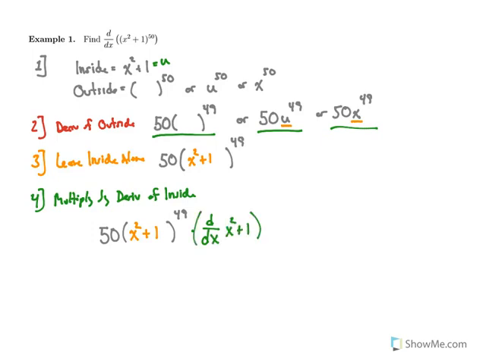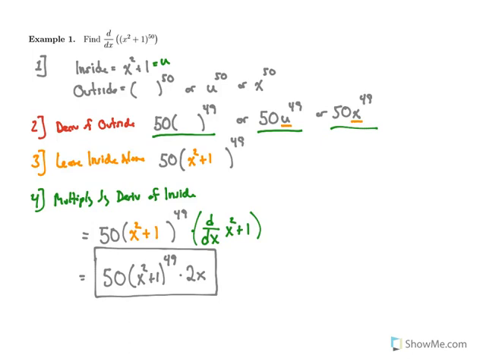We don't need to do it all in one step. This is going to give us 50 times x squared plus 1 to the 49th power times that derivative, which is 2x. And that is our derivative there.